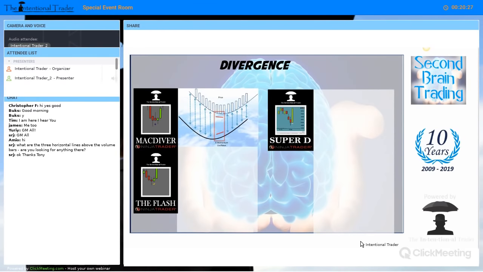All right. Now, divergence is probably one of the best technical indicators in the market and one of the least used. That's because it's typically very difficult to see and to understand when it's happening, and people get confused about why it's happening.